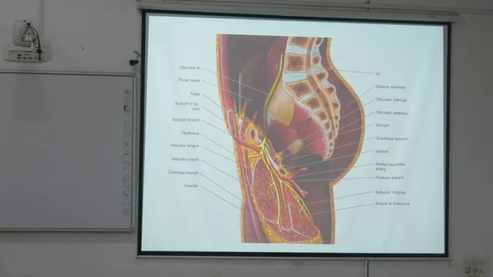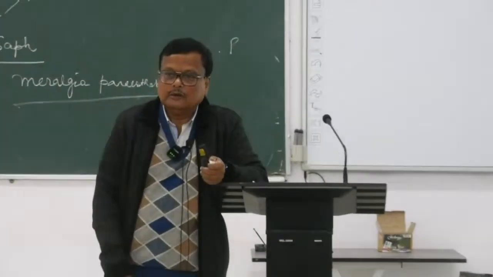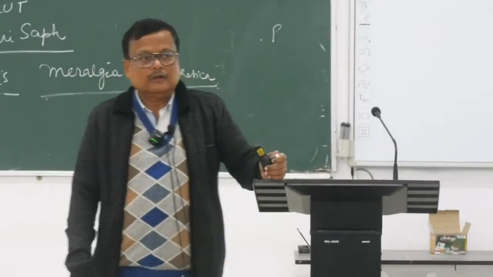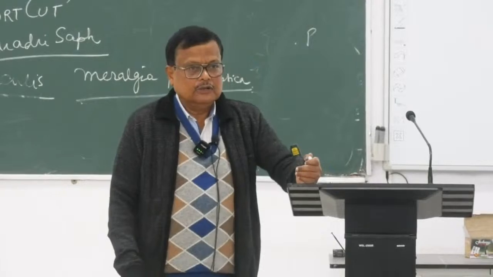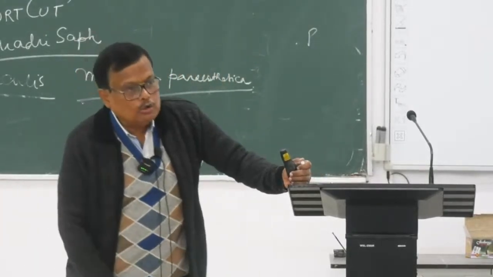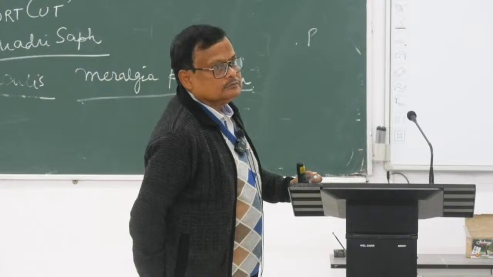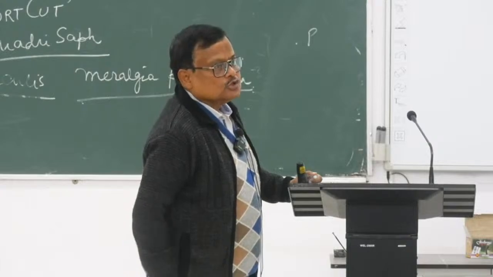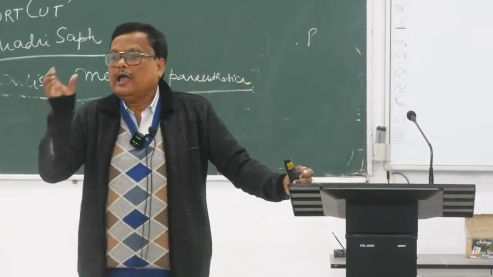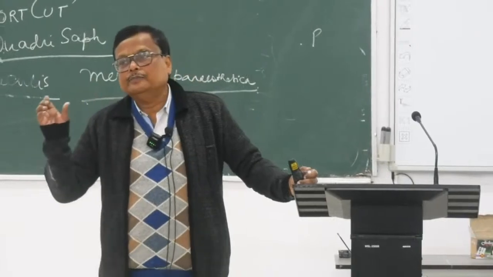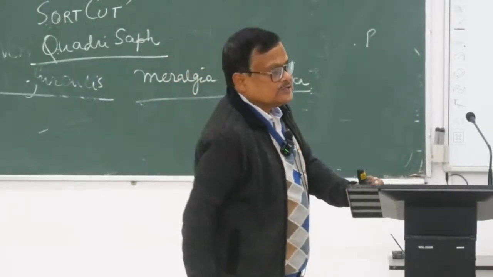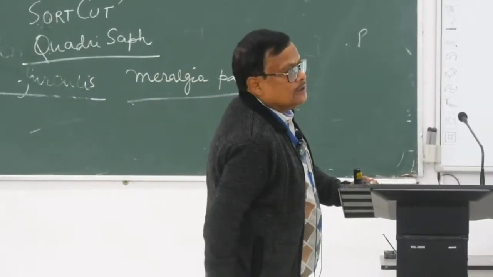It both belongs to the medial compartment or adductor of the hip joint, adduction korche. Come on, pore porbe, this is the adduction, this is the abduction. And also it belongs to the hamstring group. So adductor magnus has got an adductor component and a hamstring component. Hamstrings are the muscles present in the posterior part of the thigh.